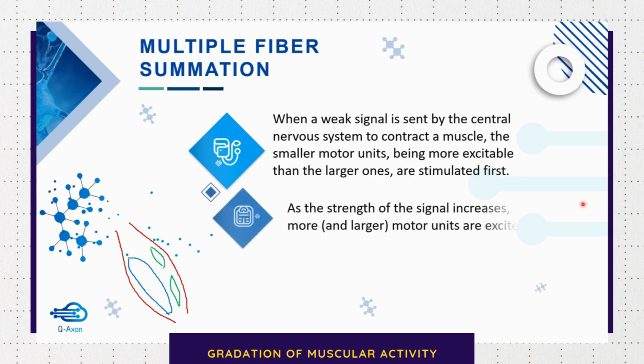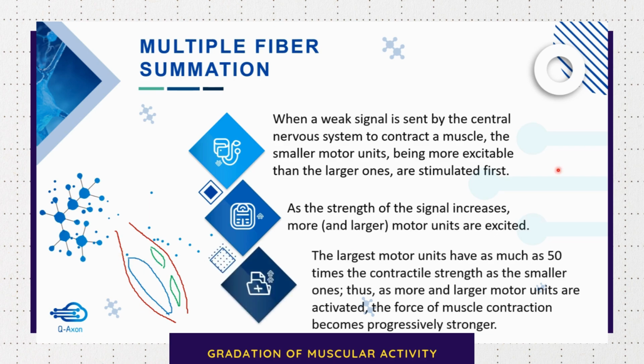But as the signal gets stronger, the larger motor units begin to respond. So over time, there are more and more motor units responding, and the larger units have a much larger contractile strength as well. So now, overall, the muscle has a powerful contraction because of recruitment of many motor units, including large motor units.